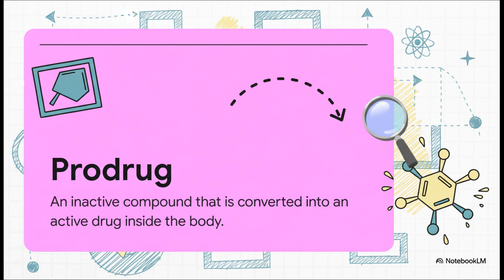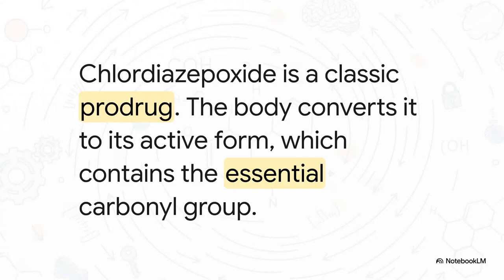It's genius. Chlordiazepoxide is the perfect example of this. If you look at its original structure, it's missing that essential ketone group we were just talking about. But once it gets inside the body, our metabolism acts like a tiny construction crew, it adds that ketone, and bam, the molecule becomes active. It's just a brilliant strategy for improving how a drug gets absorbed or delivered.